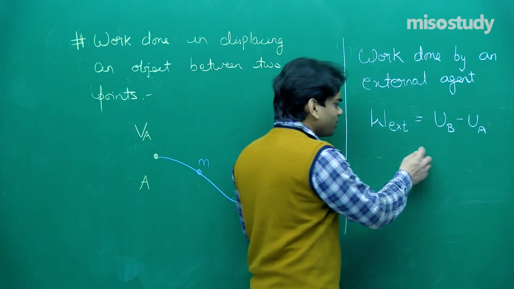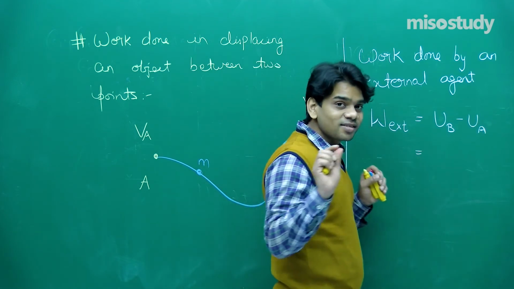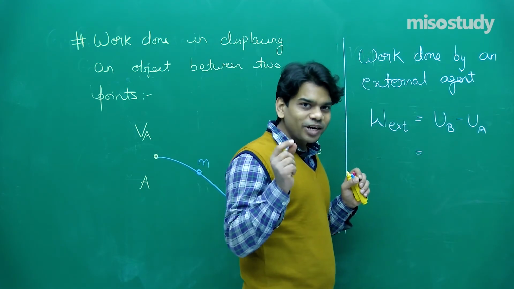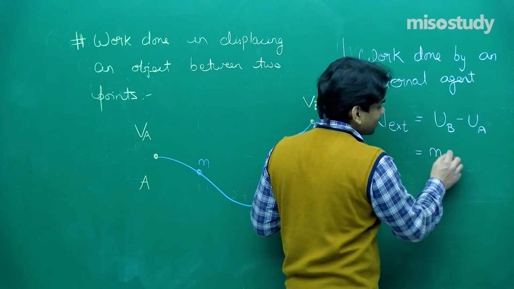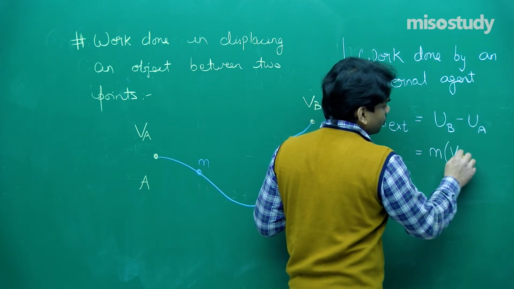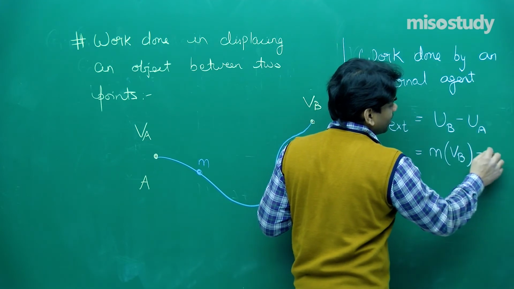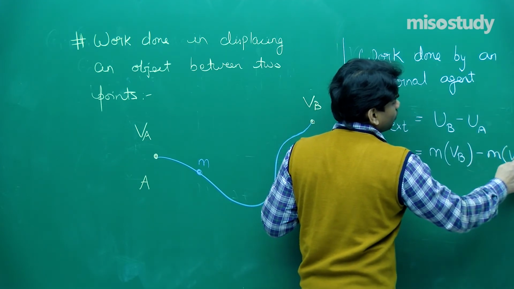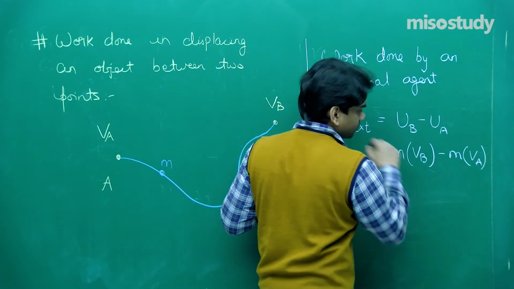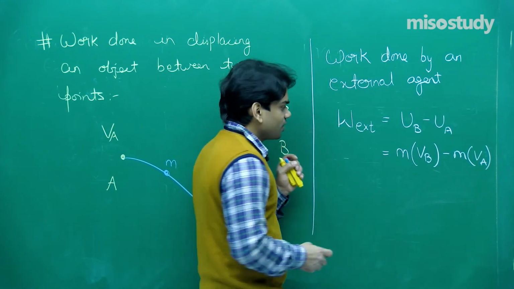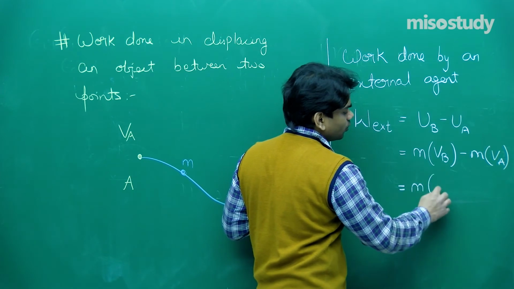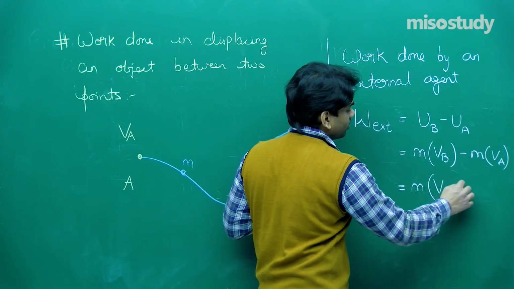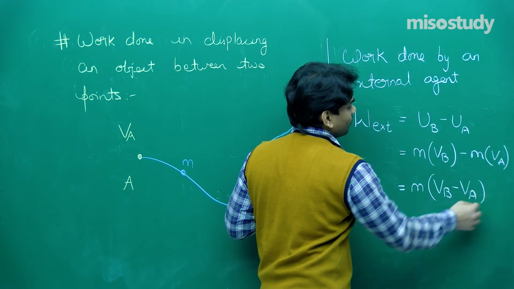Now what can we write for UB? Mass is m. If you remember how potential and potential energy were related, can we write this as m into VB minus m into VA? This is what we are going to have. So finally we can write this as m into (VB minus VA).